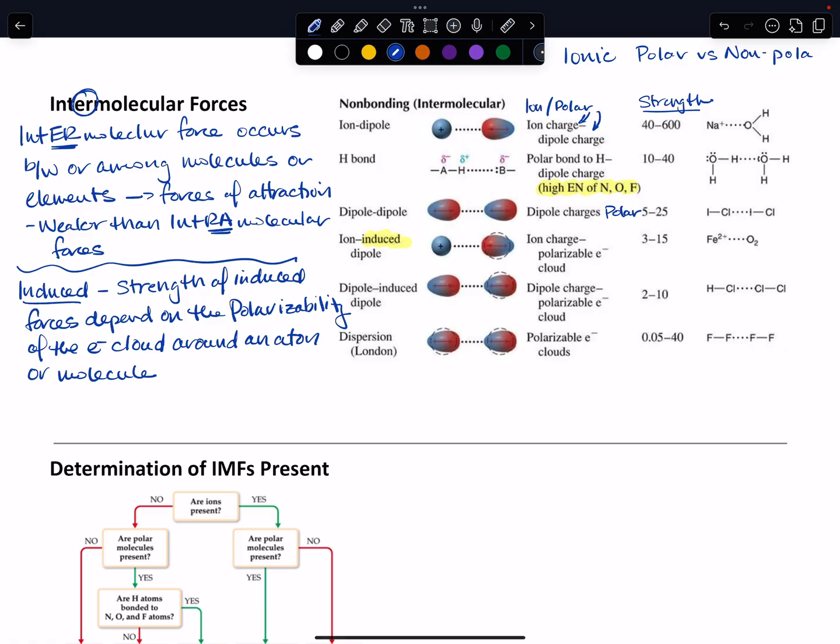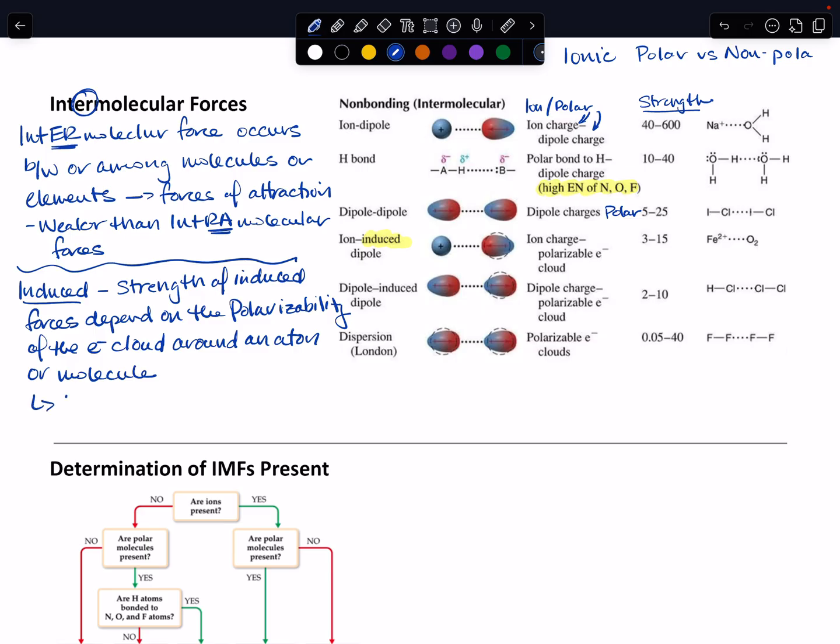So polarizability is going to be a very important idea when you compare molecules that are similar, but they are nonpolar. So, which of these molecules is more polarizable? The easier it is to polarize one of these molecules, the stronger its intermolecular forces are going to be. So basically when you talk about the strength of one of these intermolecular forces, it's going to be inversely correlated to the force of attraction between those electrons and its own nuclei.